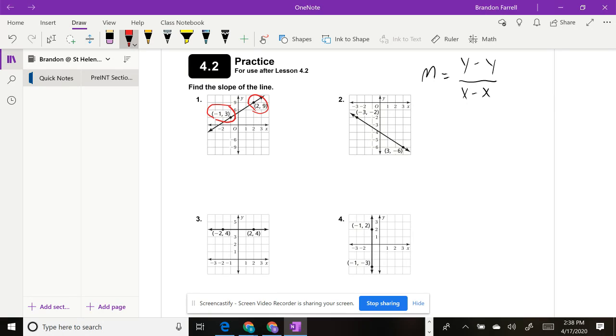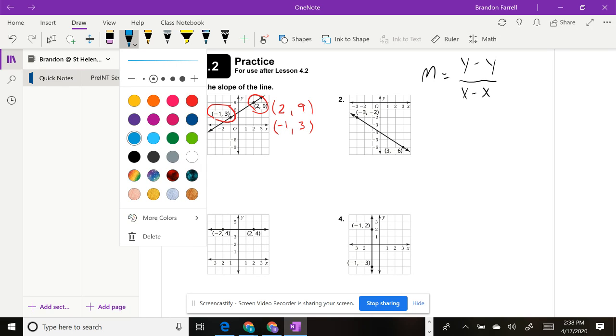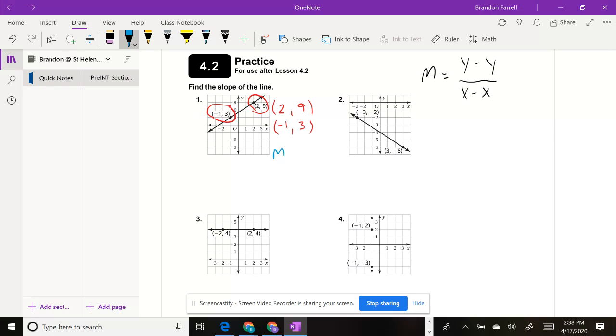I'm going to take one of the points, it doesn't matter which one, 2, 9, and then put right underneath it negative 1, positive 3. And then I'm going to create a slope concept of 9 minus 3 divided by 2 minus a negative 1.